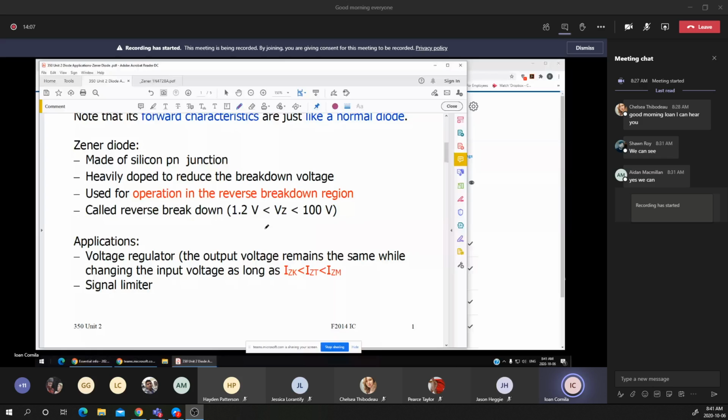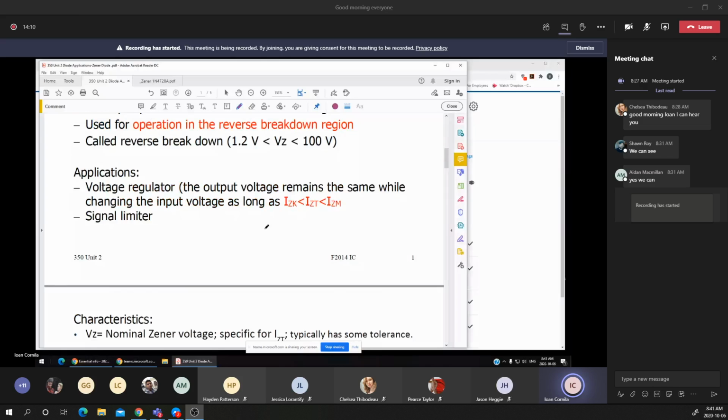Now, another application, or most of the applications, is as a regulator. The question is where a regulator is required, and I will give an example related to the capstone project. Suppose I have a 9 volt supplied voltage.